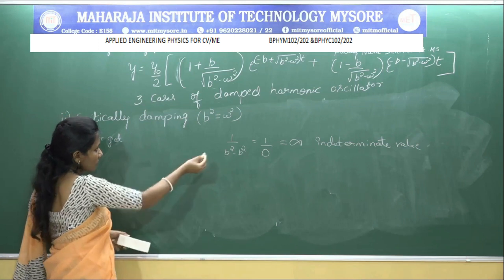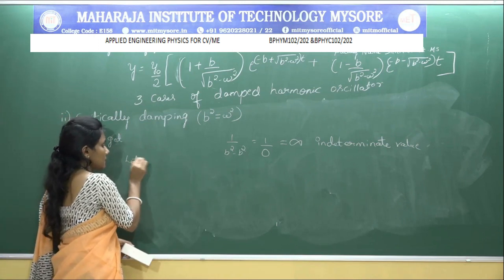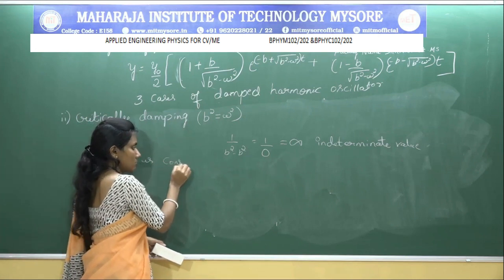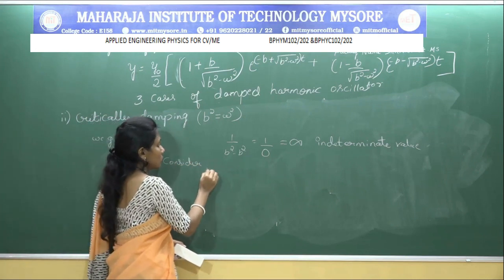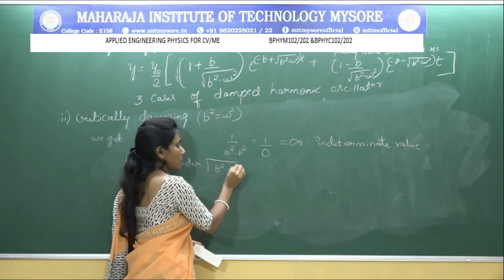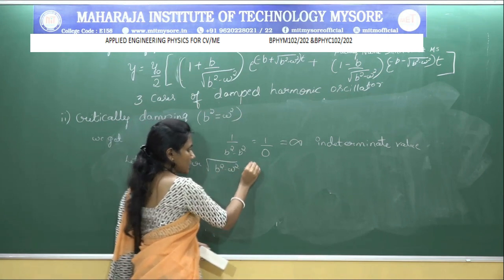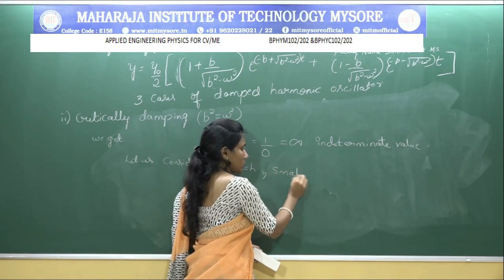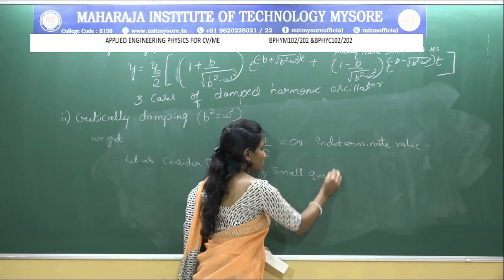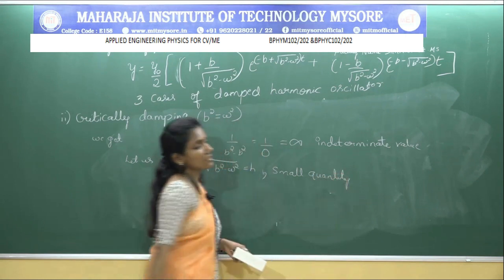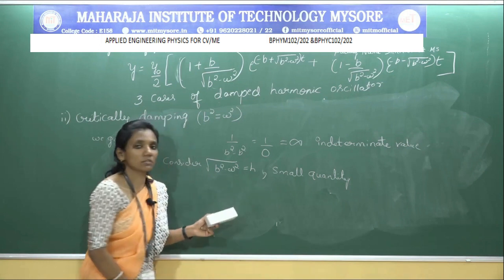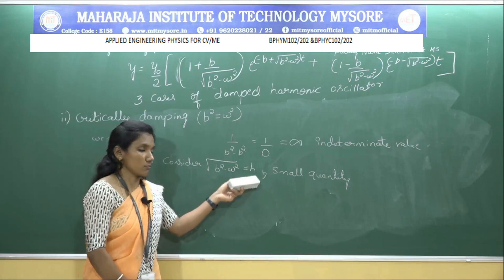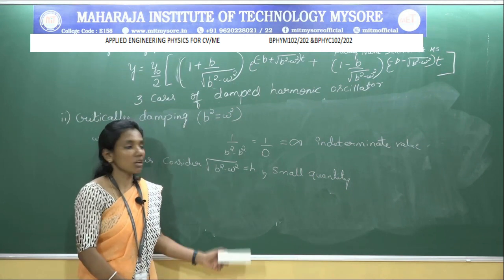Let us just consider root of B square minus omega square is equal to h, that is a small quantity, to solve the displacement equation for the critically damped case. H is a small quantity.